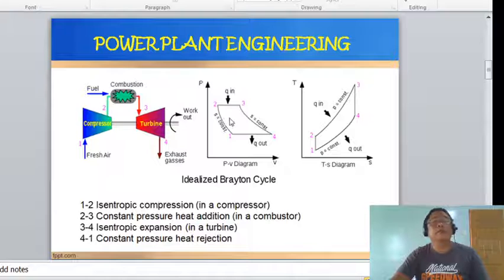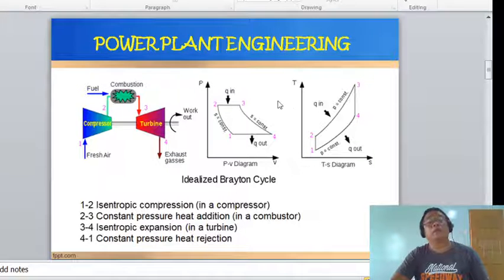And then 2 to 3 is constant pressure, where the heat is added. Then from 3 to 4 is expansion, again isentropic. And then to complete the cycle, 4 to 1 is rejection of heat.